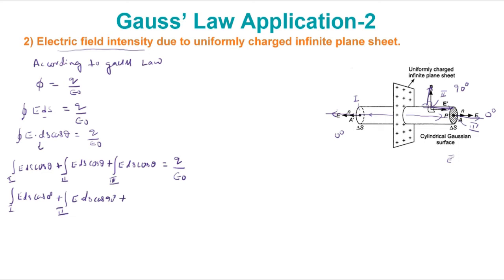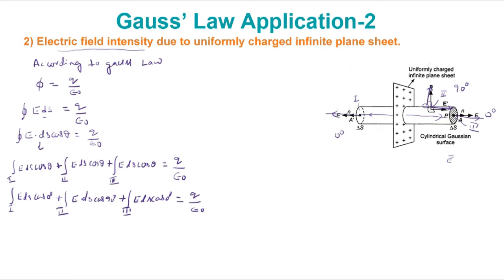Plus the third part, E·dS cos 0 degree, which is equal to Q by epsilon naught.